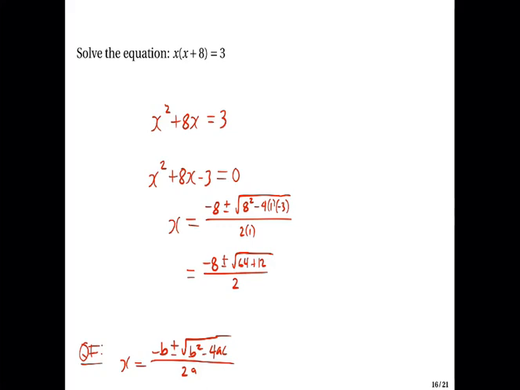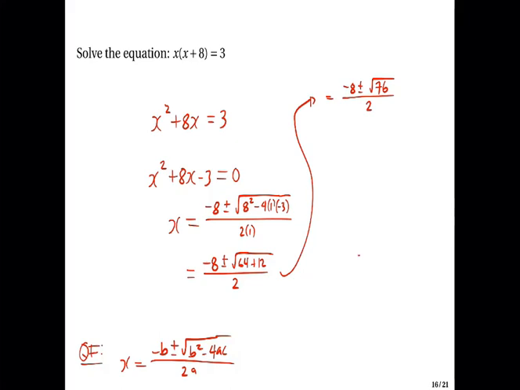And then we move it here, equals. So x is equal to minus 8 plus or minus square root of 64 plus 12, that's 76, all over 2. Now let us look at 76.